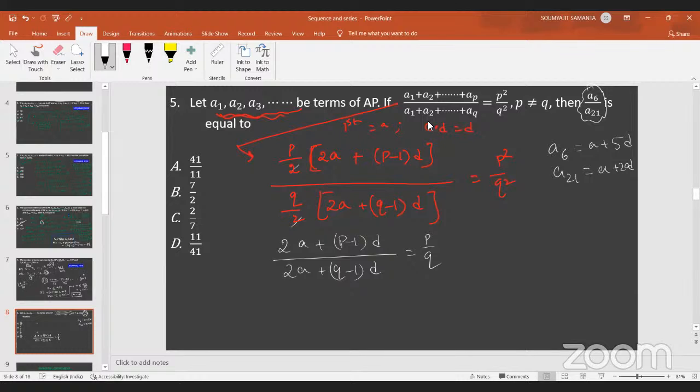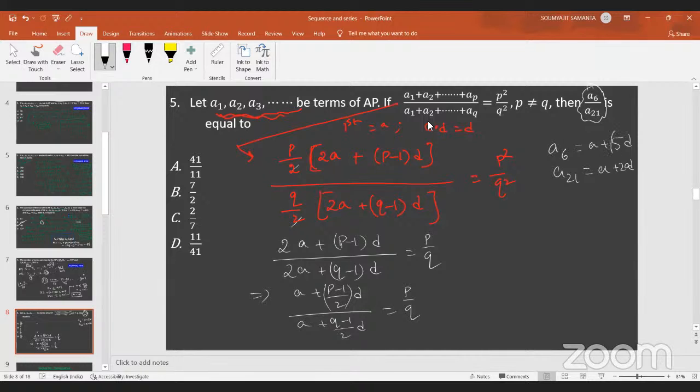Now see, there is 2A, so divide by 2 in numerator and denominator. So this will become A plus (P minus 1) by 2 into D divided by A plus (Q minus 1) by 2 into D, which equals P by Q. Now just compare this. In the numerator, it should be A6.